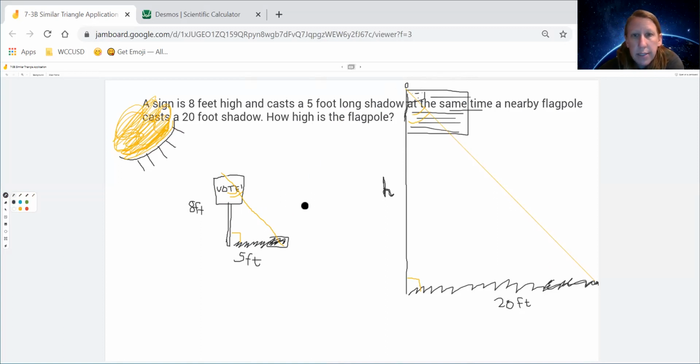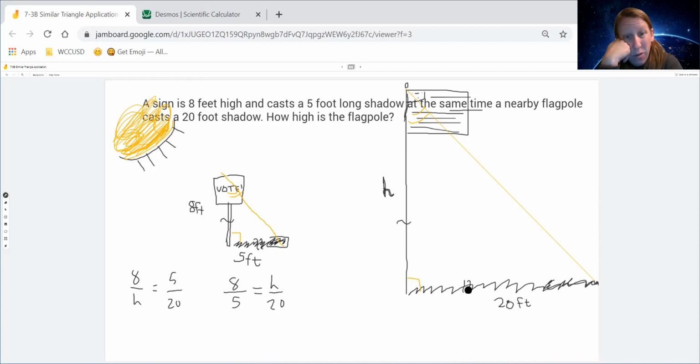So because these triangles are similar, I drew them really nicely, really lined up. The 8 is going with the h, the same way that the 5 goes with the 20. Okay, so we could write a bunch of different proportions. We could do 8 is to h as 5 is to 20. Okay, we could do 8 over 5 is h over 20.